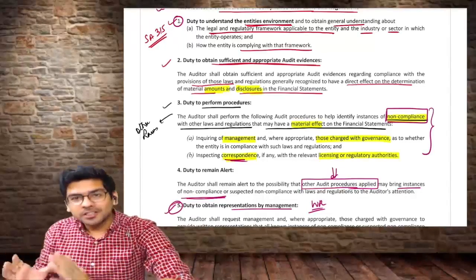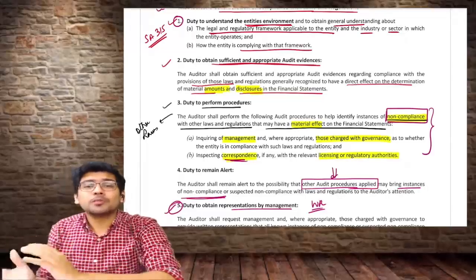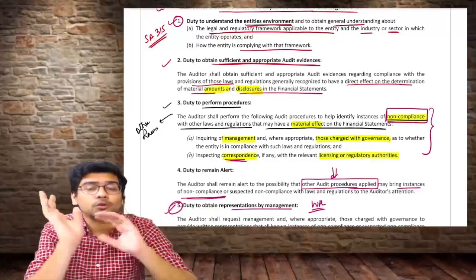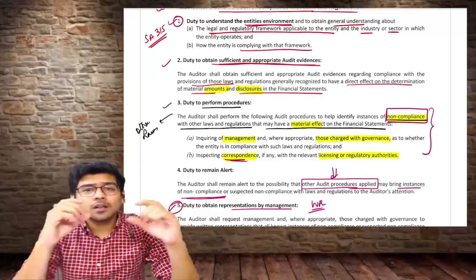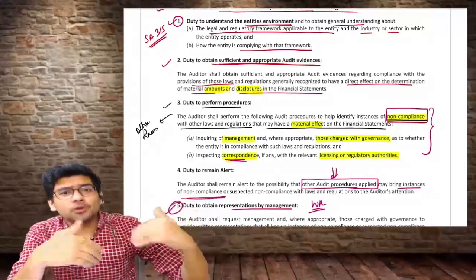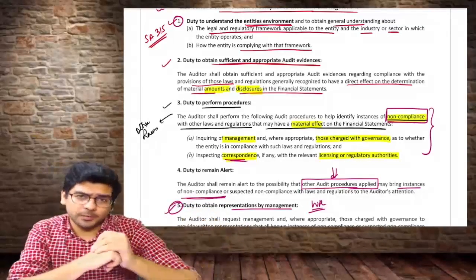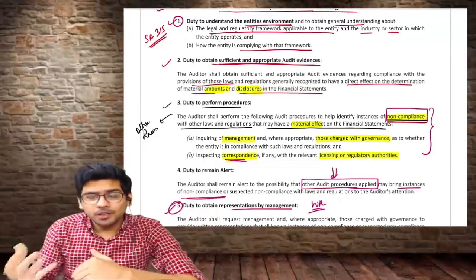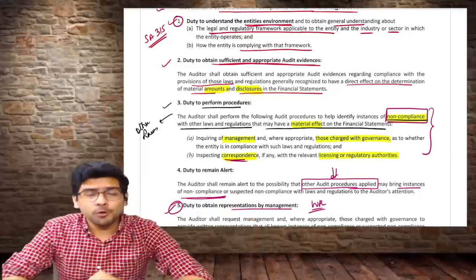I'll request the management to consider and make note of this aspect, or to revise the financial statements and incorporate it. If they don't do it, probably I'll have to modify my opinion.